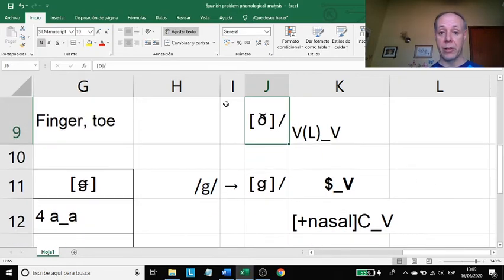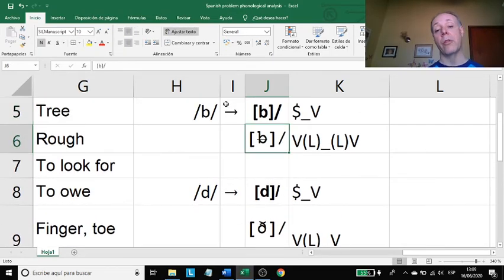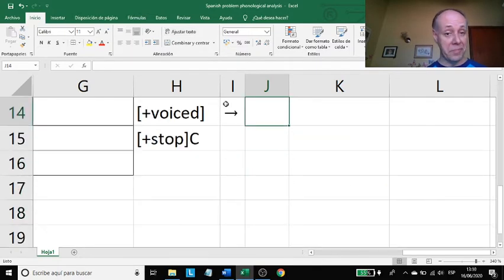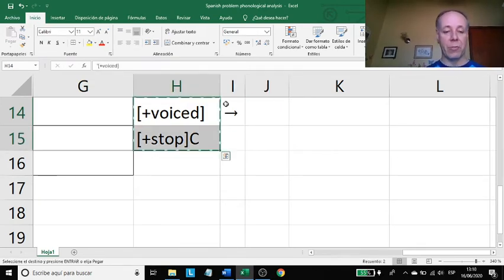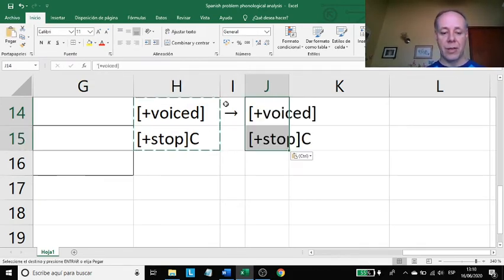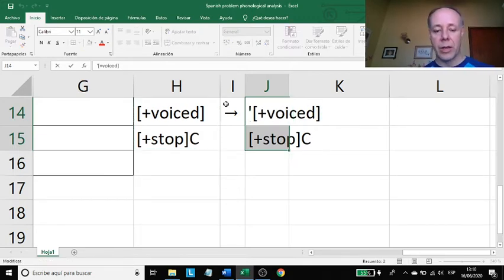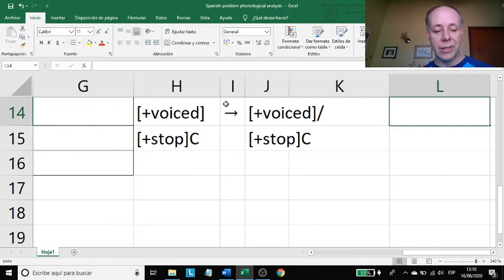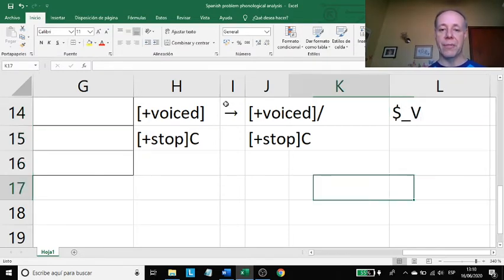Softer, right? They remain the same or become softer. Okay, if they remain the same, we just copy this exactly the same. In what environment? In the environment of syllable initial before a vowel. That's where they remain the same.